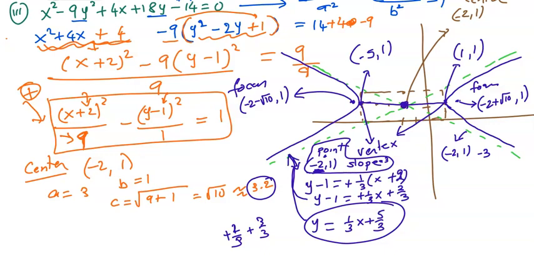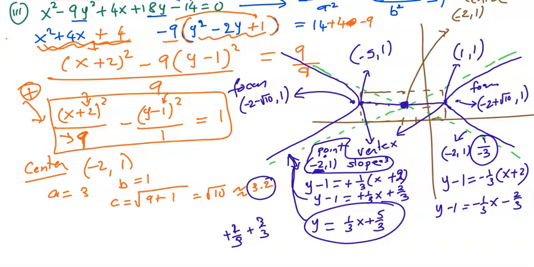Now let's do another one. The rise is -1 and the run is 3, so the slope is -1/3. So y minus y1, y minus 1, equals -1/3 times x plus 2. Y minus 1 equals -1/3 x minus 2/3, right?